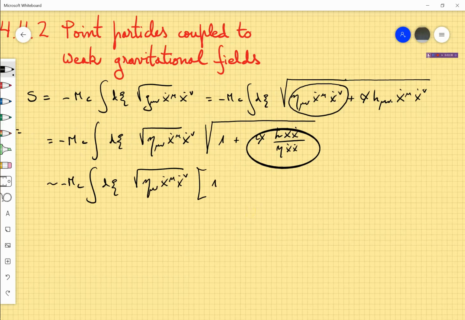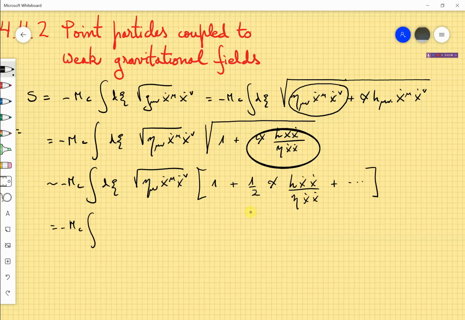This is 1 plus a half chi h x dot x dot divided by eta x dot x dot plus terms of higher order, and now we multiply by this square root, we have the square root of eta x dot x dot plus a half of chi h mu nu x dot mu x dot nu divided by the same square root of eta x dot x dot plus terms of higher order.